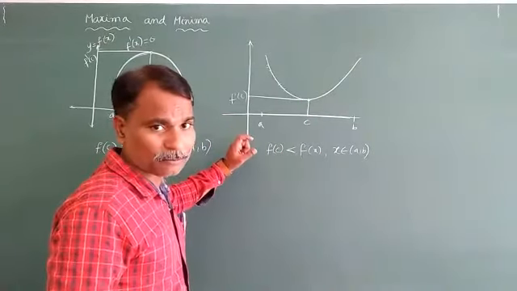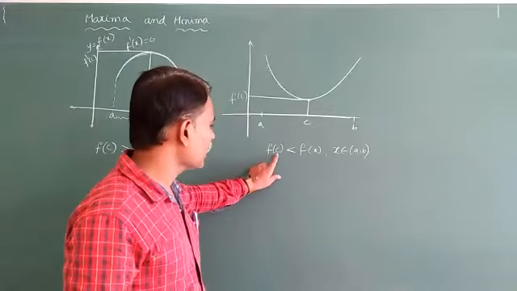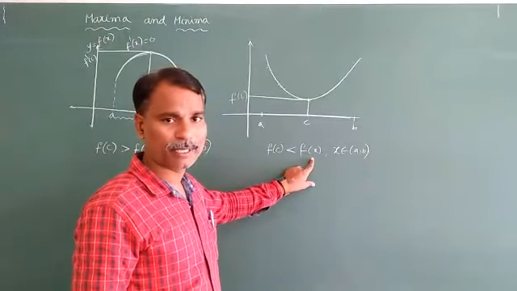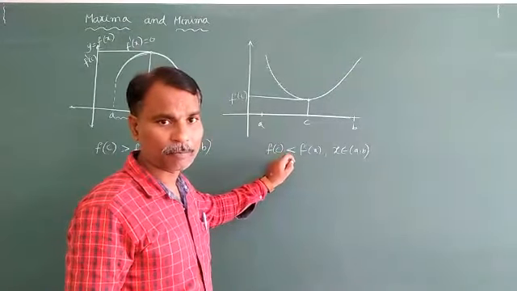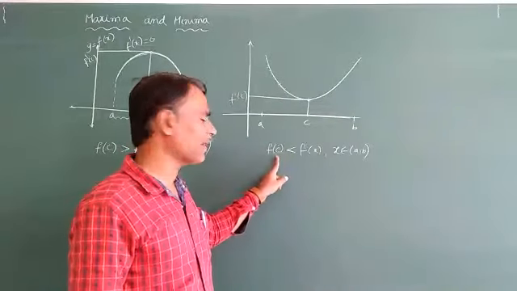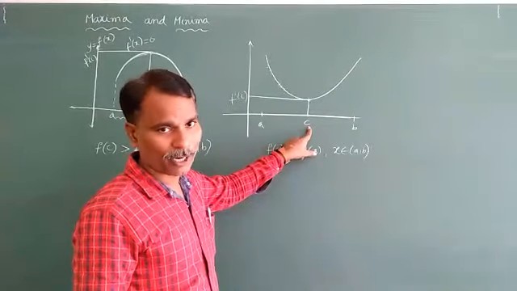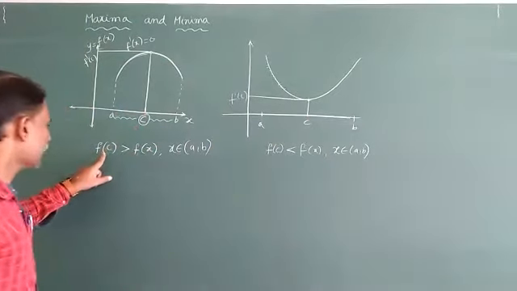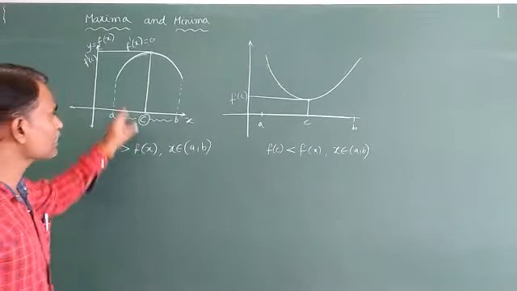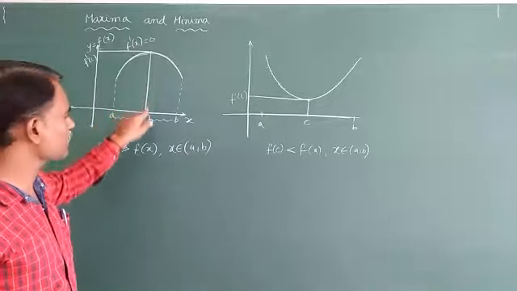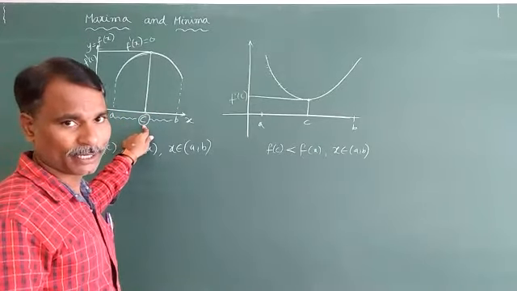So the function which satisfies the condition f of c less than f of x, you should say it is a minimum value. This is the minimum point, and f of c greater than f of x means maximum value, and this is the maximum point.